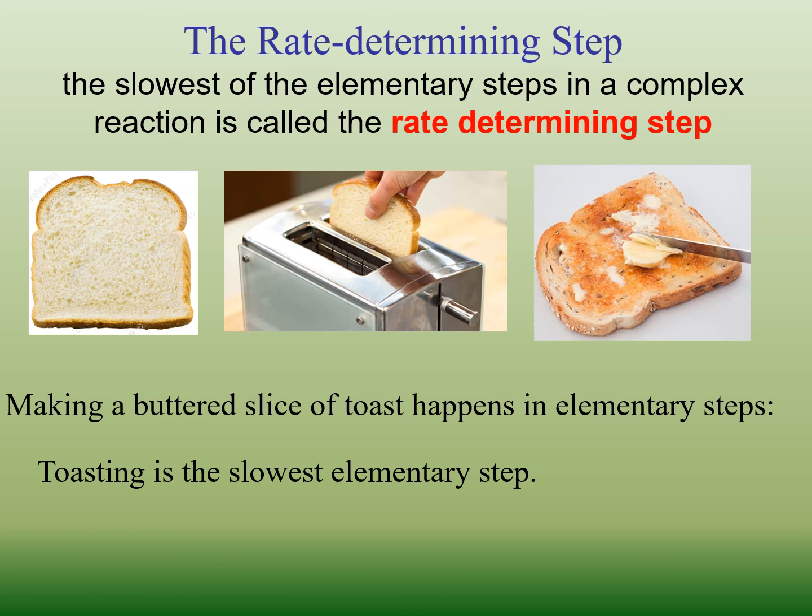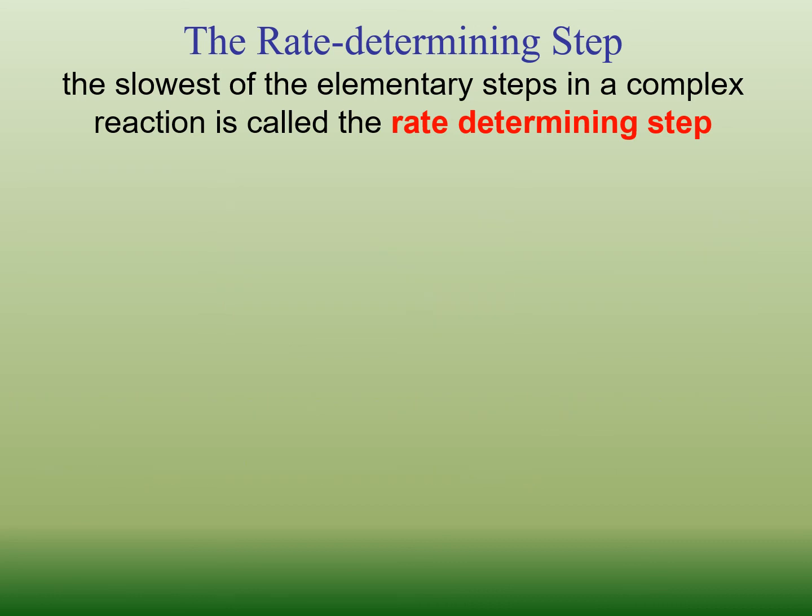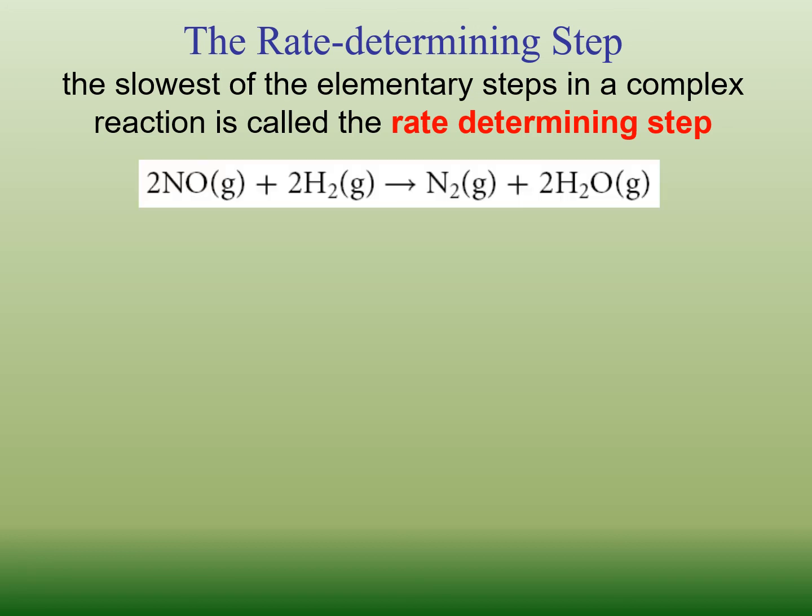Let's look at another example of the rate determining step. Again, the rate determining step is the slowest of the elementary steps in a complex reaction. The reaction of 2 moles of nitrogen monoxide with 2 moles of hydrogen produces 1 mole of nitrogen and 2 moles of water.